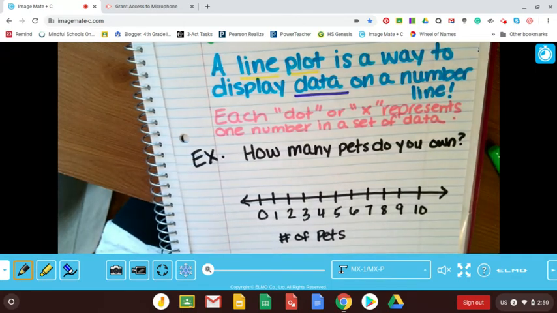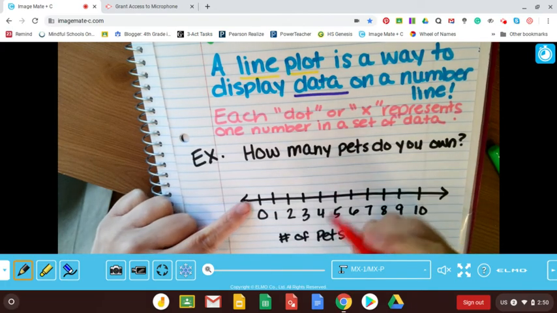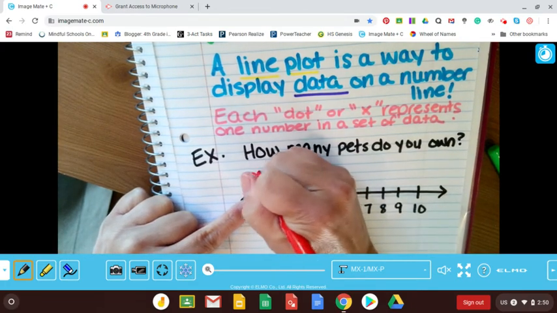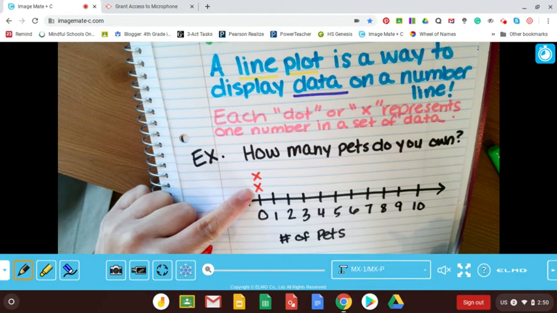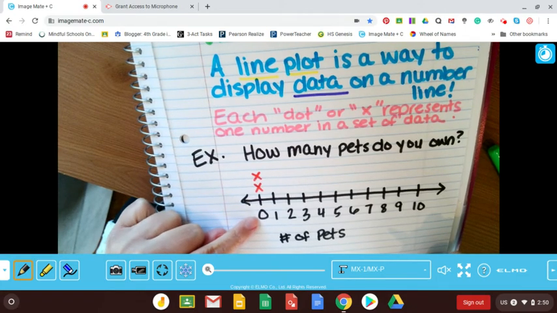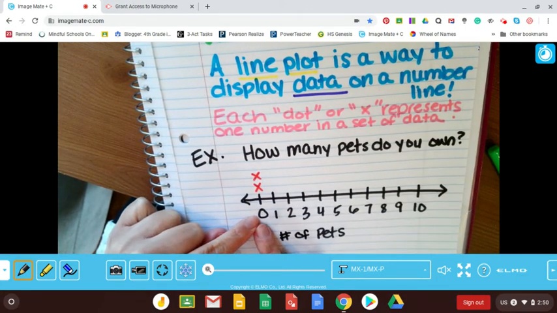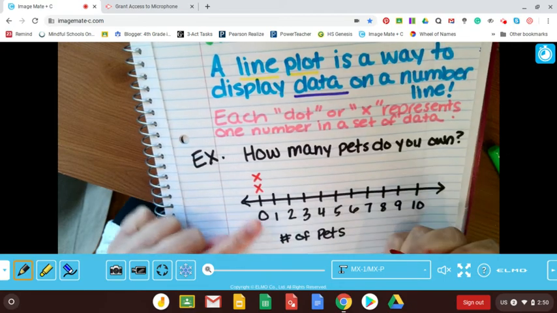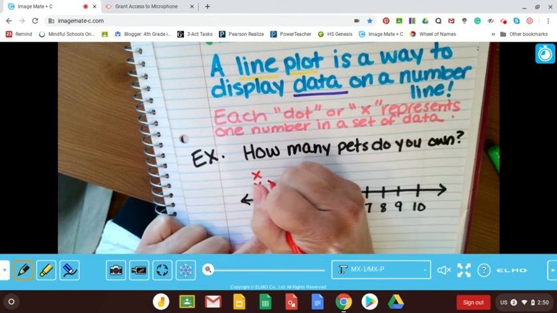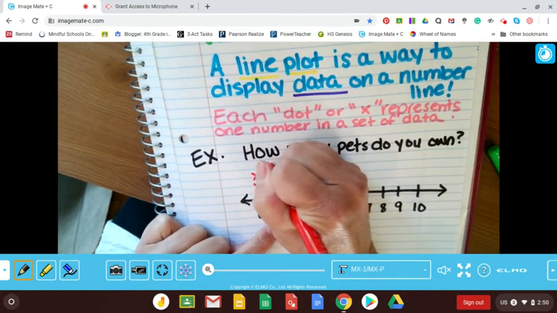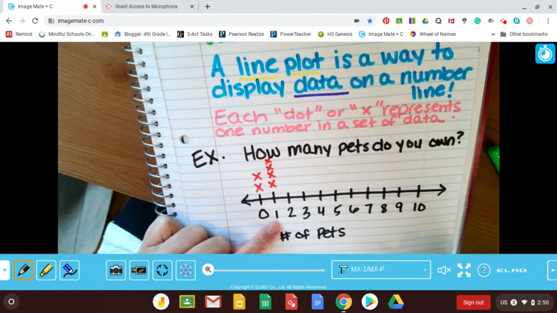Okay. And let's say I had 2 people that said they had no pets at all. So I'm going to indicate those 2 people by making X's above the 0. So 2 people had no pets. There were lots of people, actually, 4 people that only had 1 pet. So I'll put those 4 X's there.